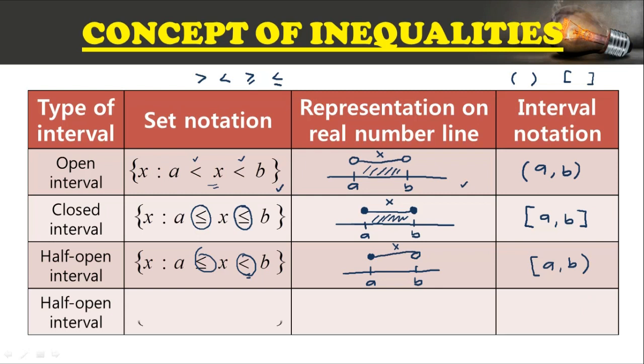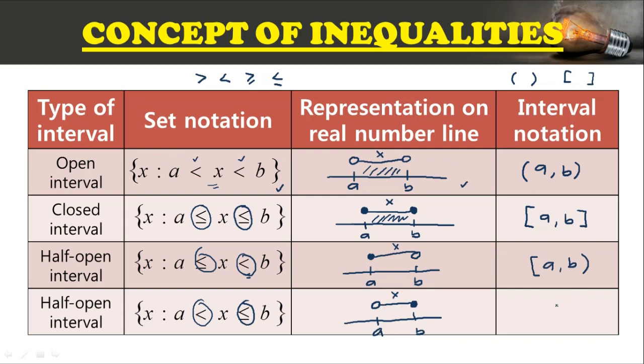Okay, this one also the same. We have number line from A until B. So for A less than only, we have empty circle. And for B less than equal, so we have filled circle. So connect the dot. So this is our X.